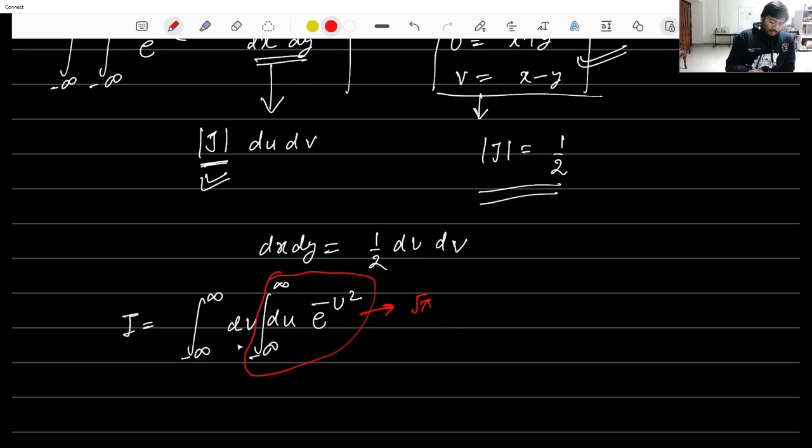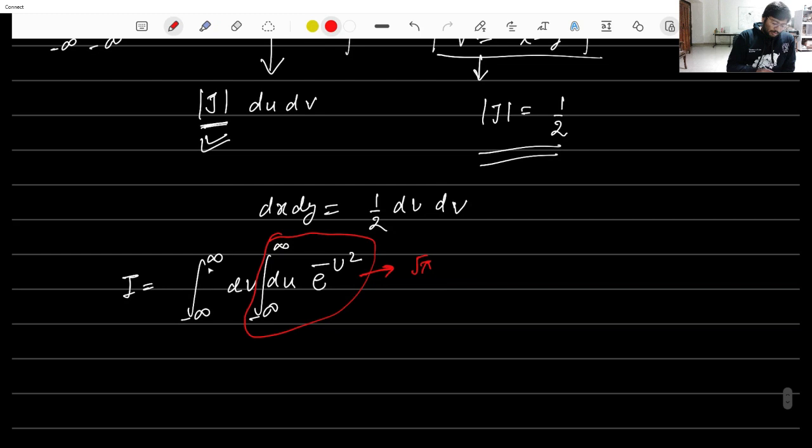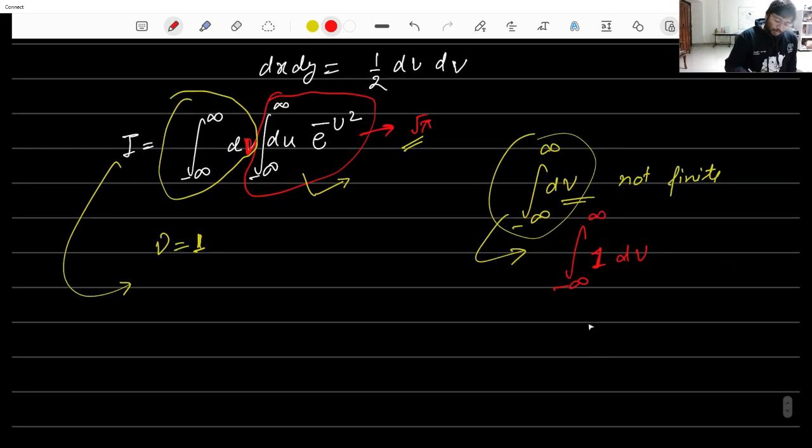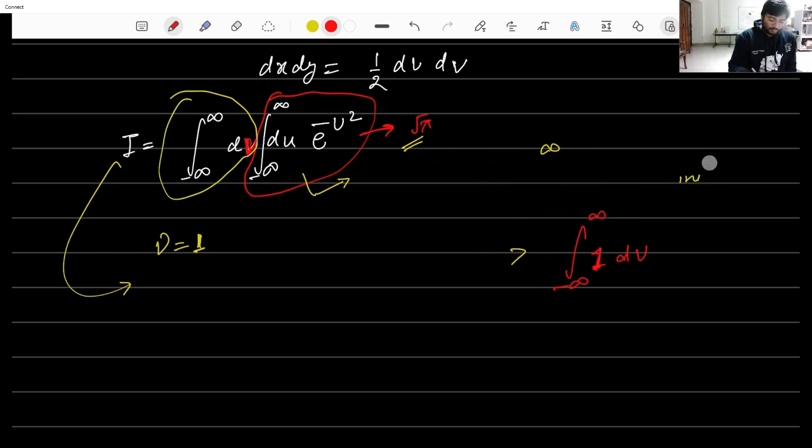Now you see this integral where we have minus infinity to plus infinity dv. This is not finite, this diverges. So you are doing the integration over a constant function which has the value 1. You are going to add this number each time from minus infinity to plus infinity, and it will give you some infinite number, fine. So this integral diverges for nu equals to 1.